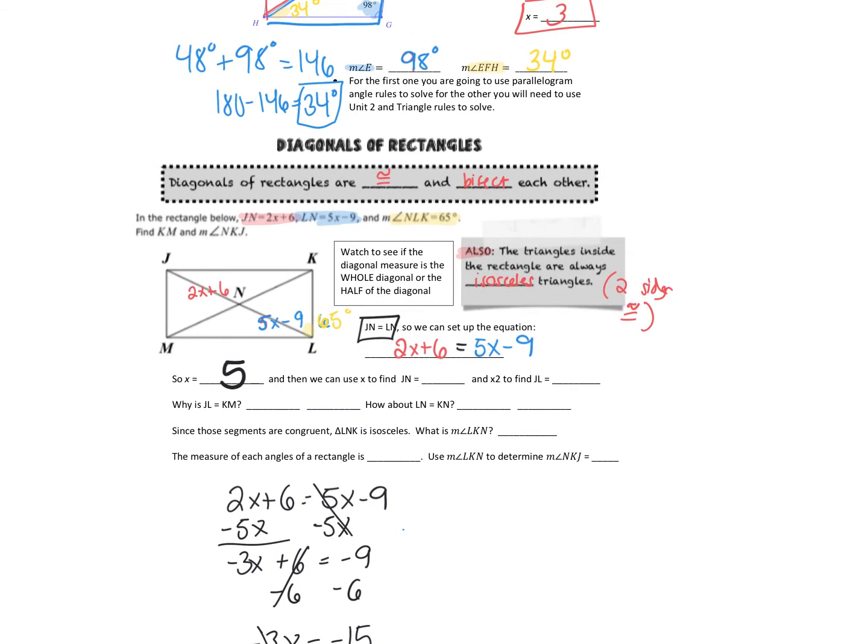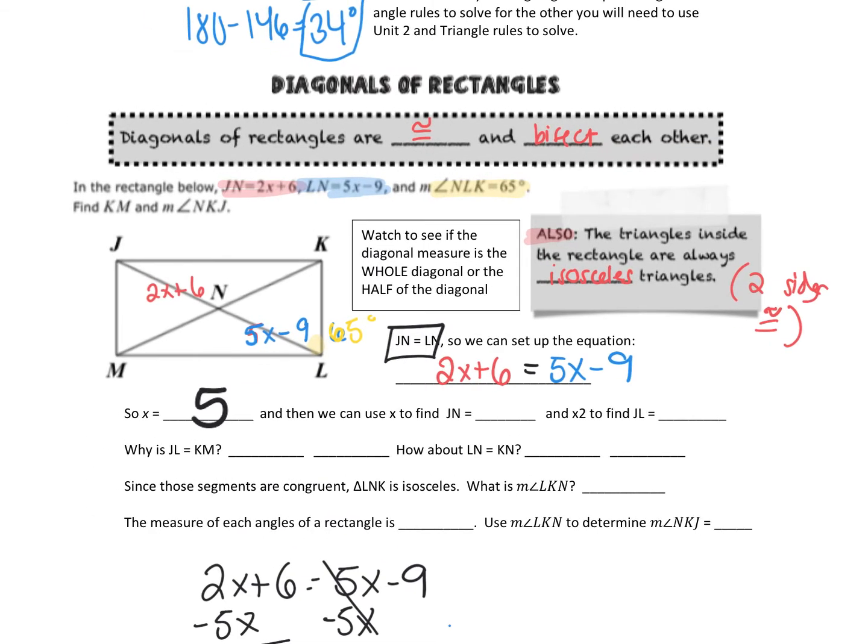Now what we're going to do is use that x to find JN and the length of JL. Because notice again, what they want us to find is the length of KM, and KM is an entire diagonal, okay?